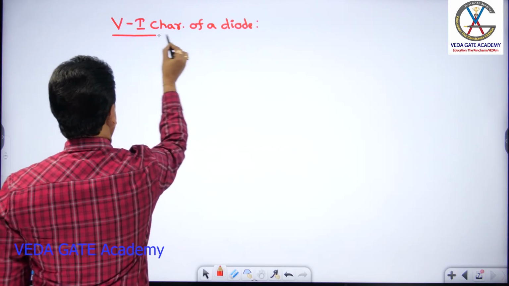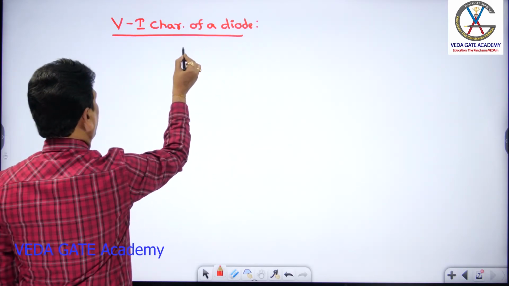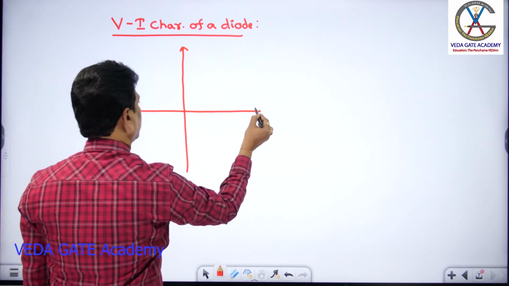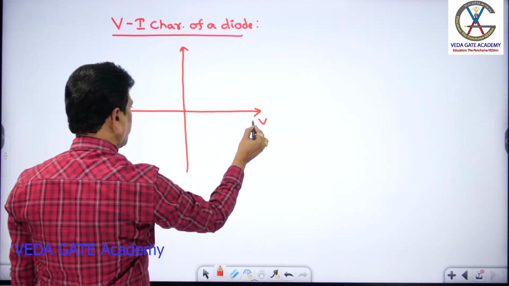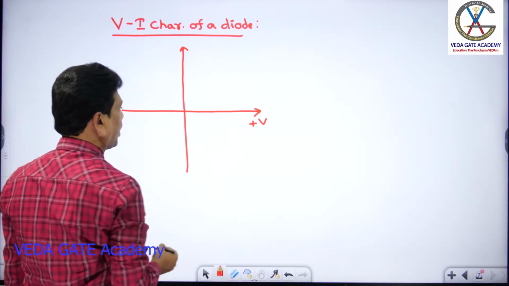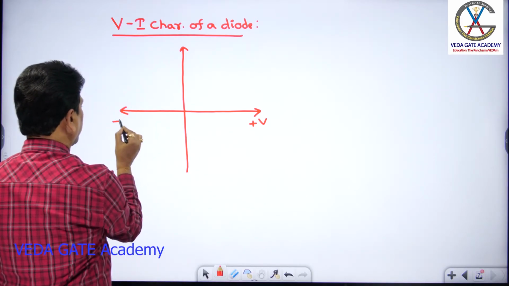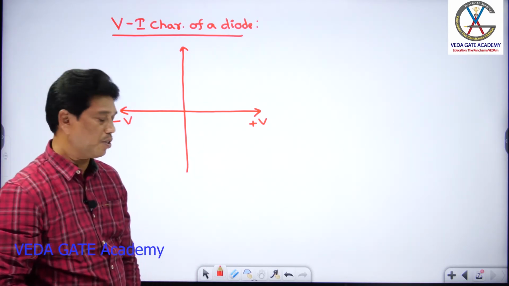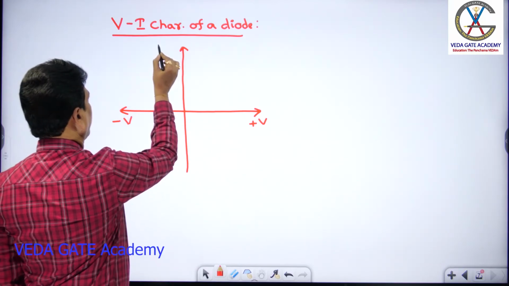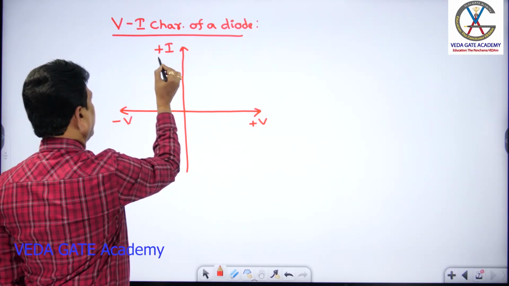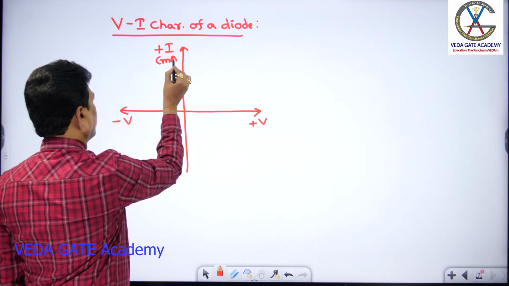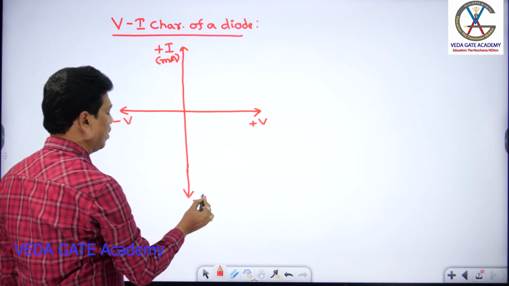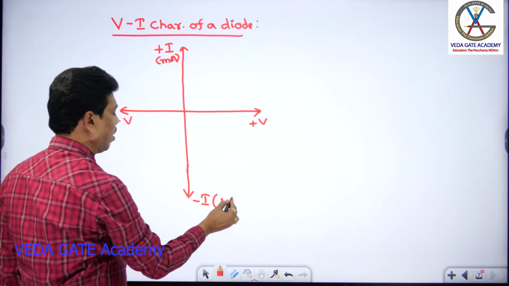This is plus V, where plus indicates forward bias, and minus V for reverse bias. The polarity of V is positive for forward bias and negative for reverse bias. This is the current: the forward current is commonly of the order of milliamps, and this is the reverse bias current, of the order of micro or nanoamps.